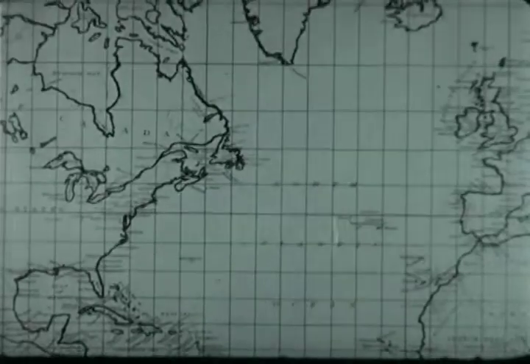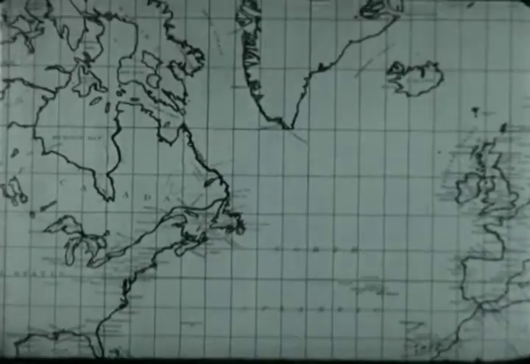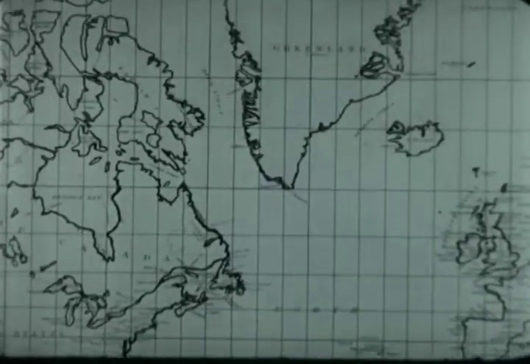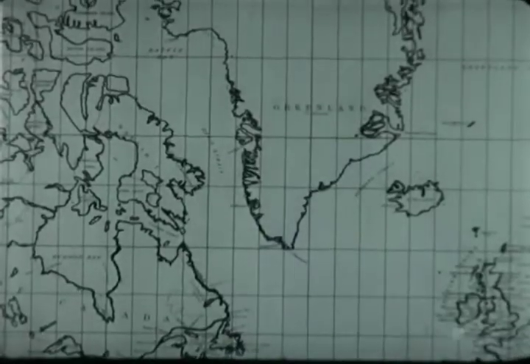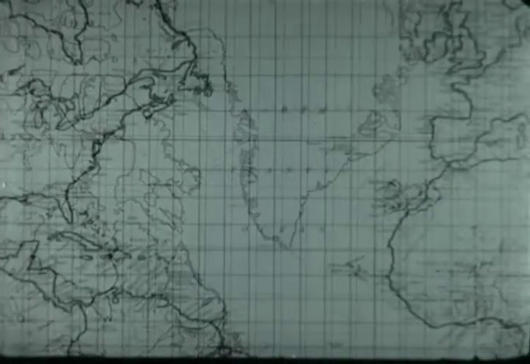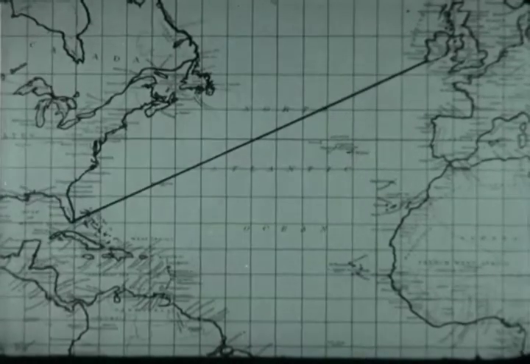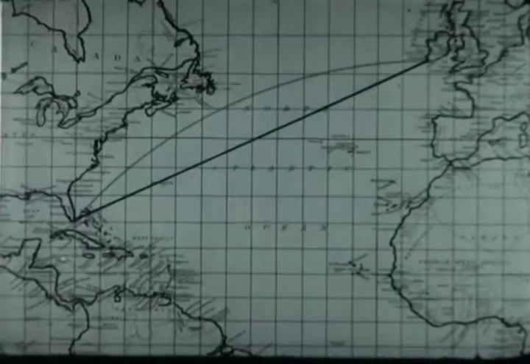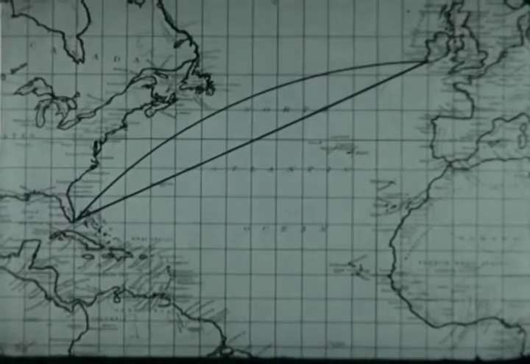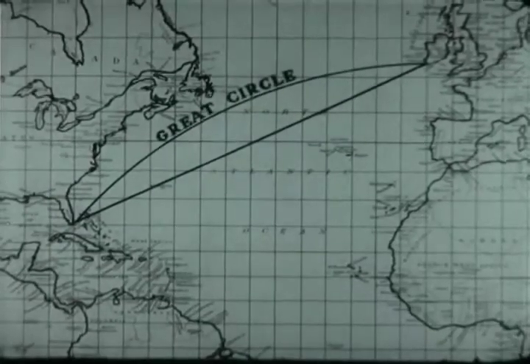The latitude scales expand toward the poles, and for that reason a single or uniform distance scale is worthless. A straight line between 2 points on this projection is not necessarily the shortest distance between those points on the ground. Any line representing a great circle is actually the shortest distance.